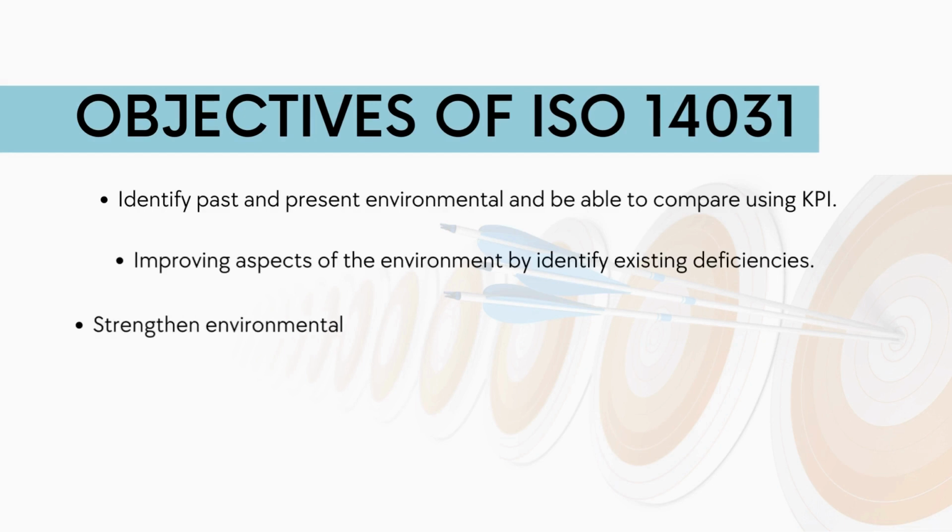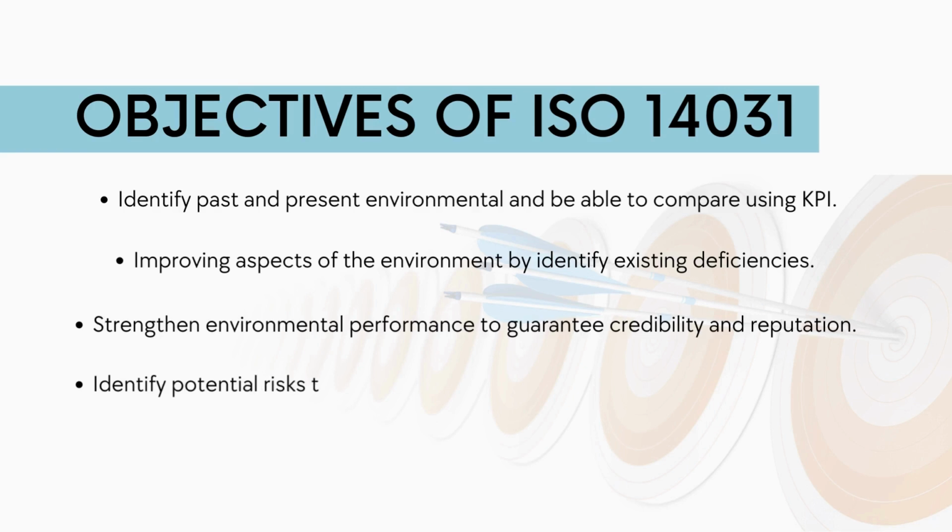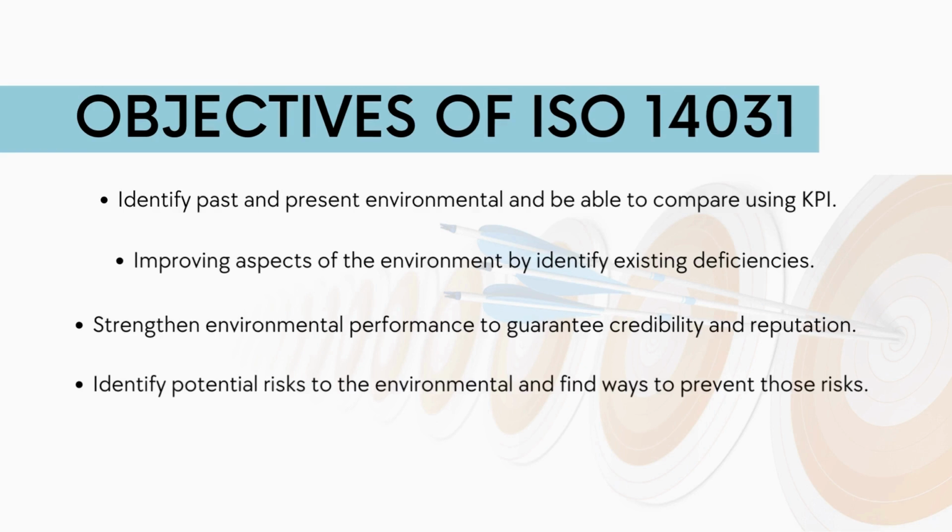Third, strengthen environmental performance to guarantee credibility and reputation. Fourth, identify potential risks to the environment and find ways to prevent those risks. And lastly, identify benchmarks for environmental remediation.